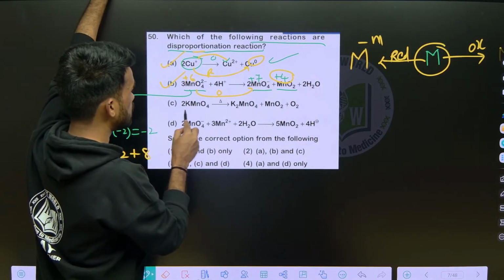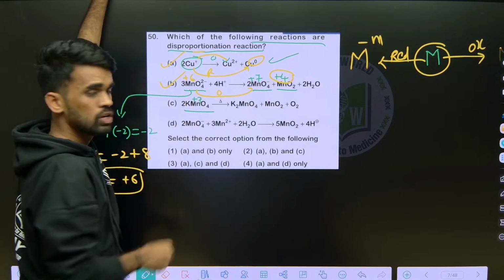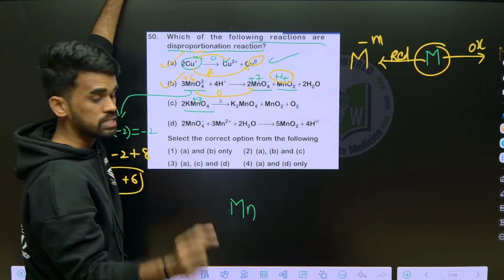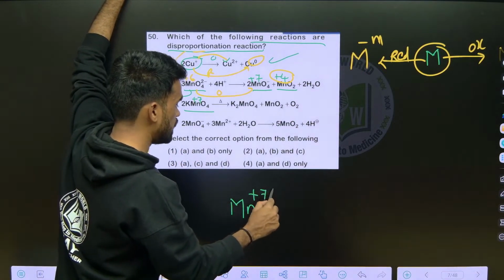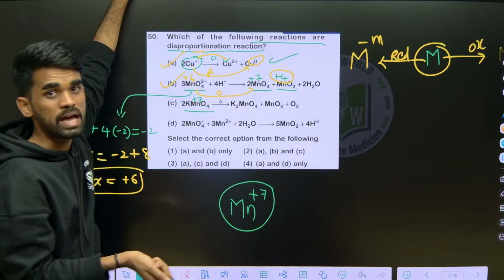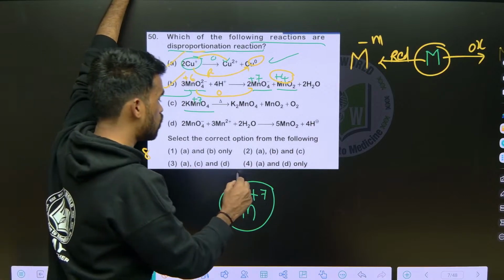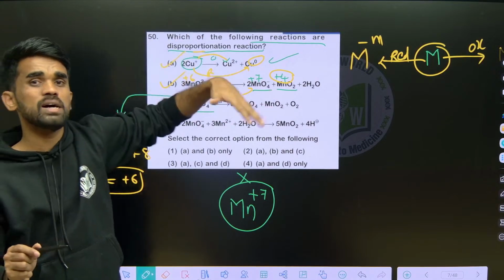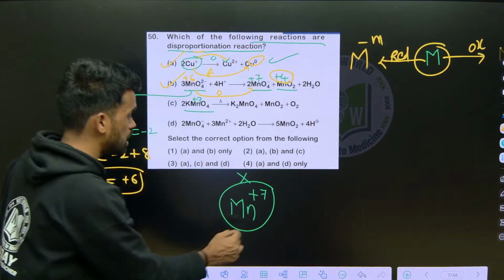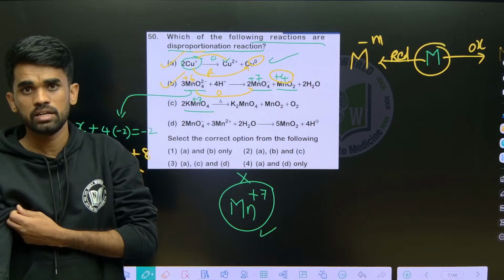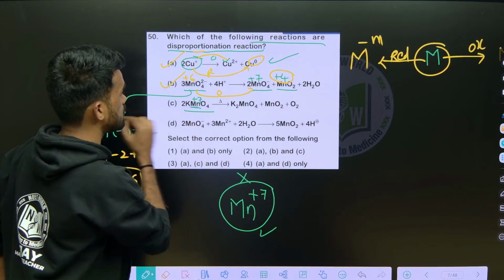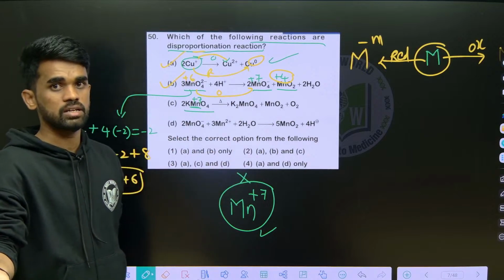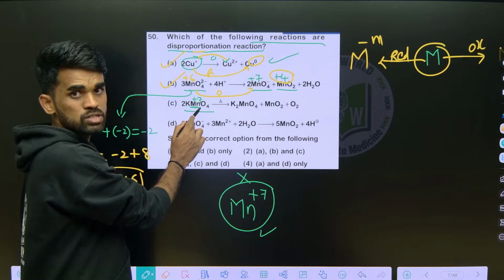Next, here +7 oxidation state. Remember, for an element like manganese, the maximum oxidation state is +7. If any element is in its maximum oxidation state, it won't show disproportionation reaction, because it is not possible to undergo oxidation, since it has already reached its maximum oxidation state.